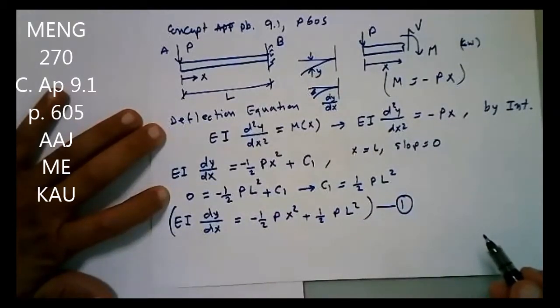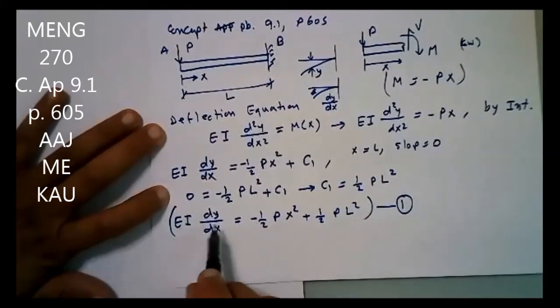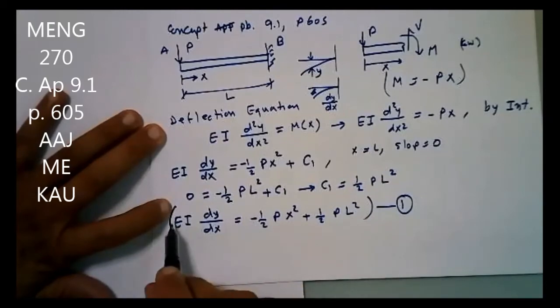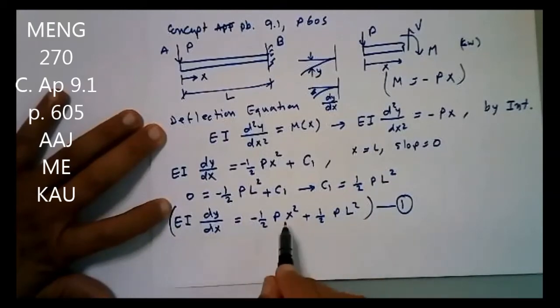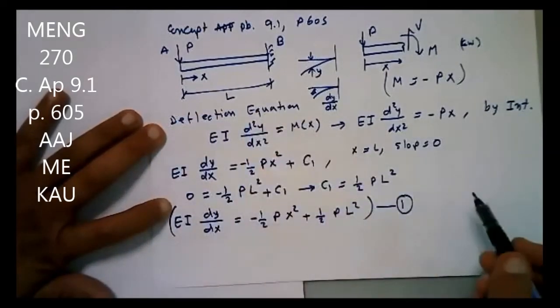Is this equation clear, guys? Clear. This is now the slope equation, a function of x, dy by dx. We can keep it here and bring this here by dividing by EI everywhere. X is the distance, P is the force, L is the length of the beam.